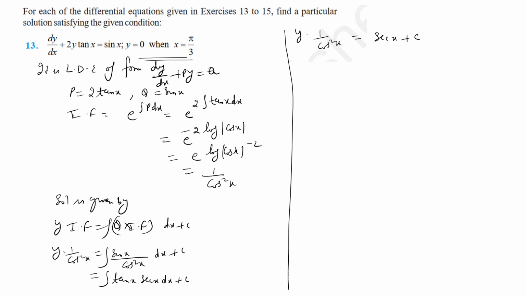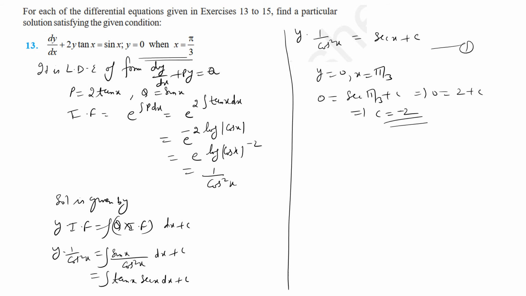Now put the value y is equal to 0, x is equal to pi by 3. So it becomes 0 is equal to secant pi by 3 plus c. Secant pi by 3 is 2, so 0 is equal to 2 plus c, which implies c is minus 2. Now put back the value here.